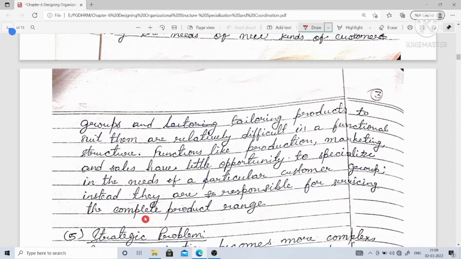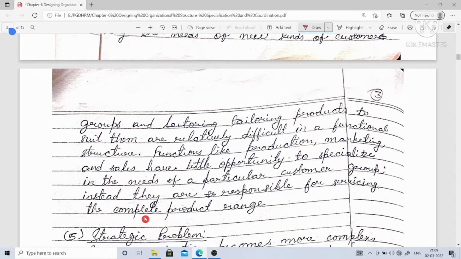Functions like production, marketing and sales have little opportunity to specialize in the needs of a particular customer group. Instead, they are responsible for servicing the complete product range. So generally, functions like production, marketing and sales are responsible for the whole range of products and services, not for any particular group of customers.